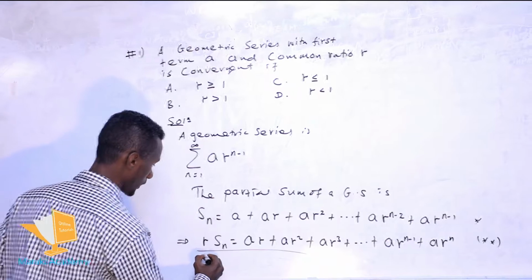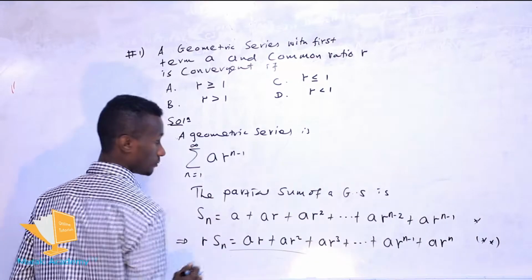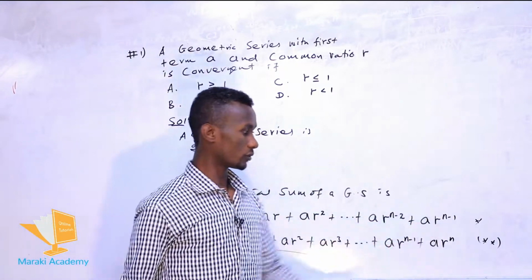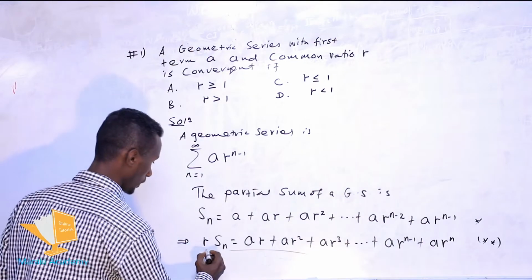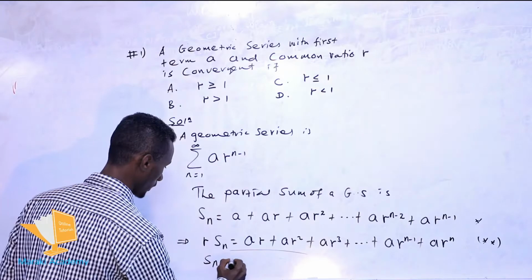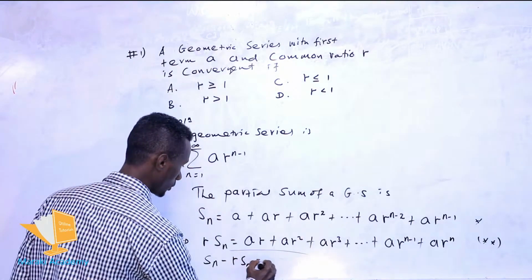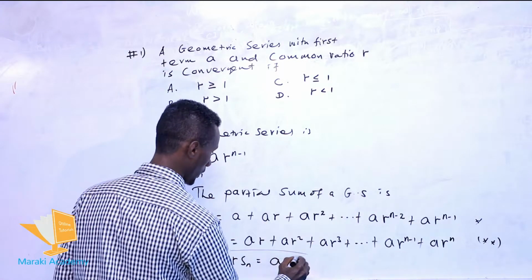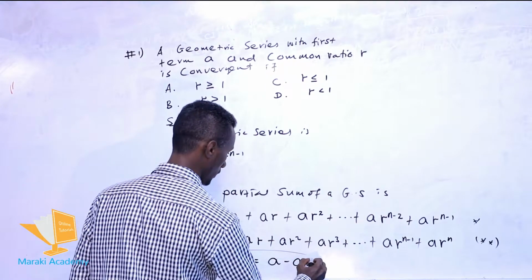Then subtract the double star equation from the star equation, and we get Sn minus r times Sn, which is equal to a minus a times r raised to n.